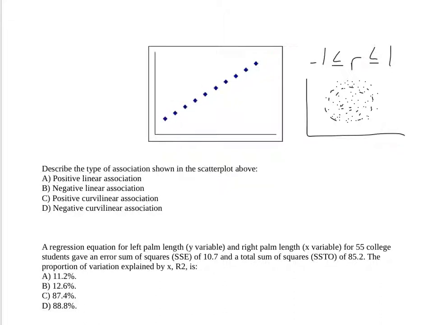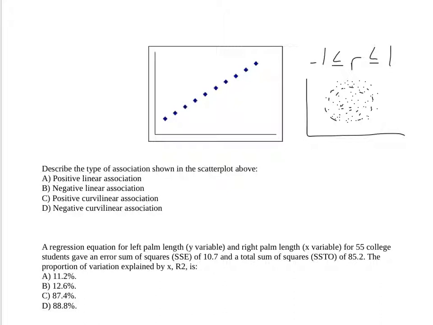Now, if you have an R equal to 1, that means your R squared is also equal to 1, which means 100% of the variation, 100% of the change you see in your response variable is caused by your explanatory variable. That's what that means. Similarly, with an r of -1, you're going to have all points falling perfectly on a line that goes downwards, that has a negative slope.